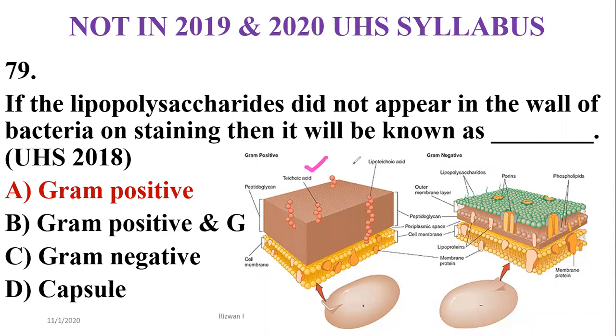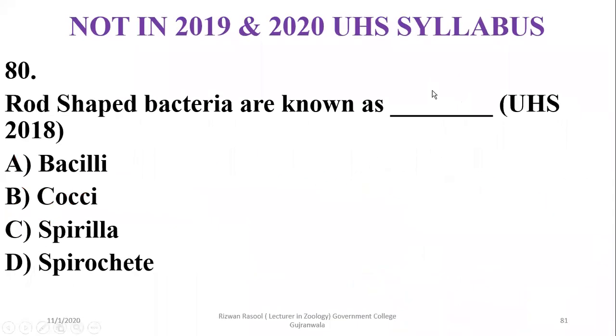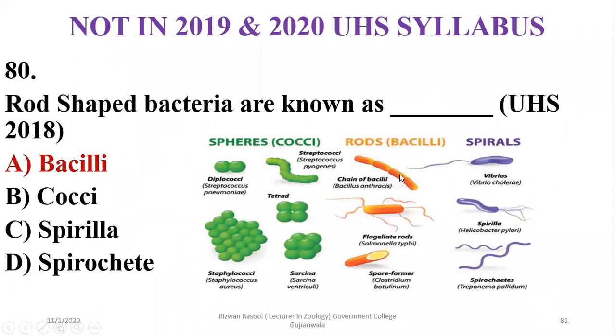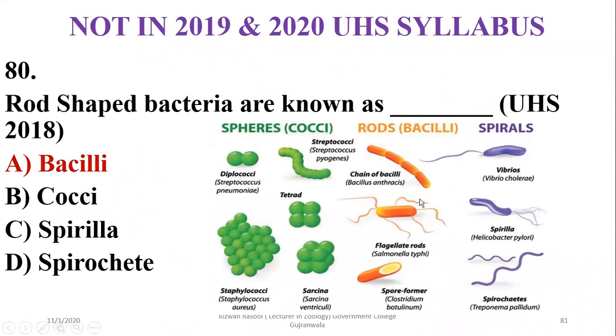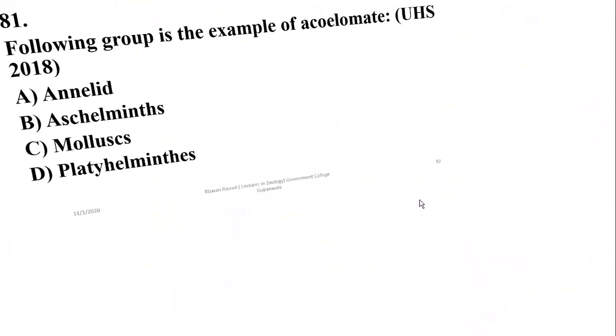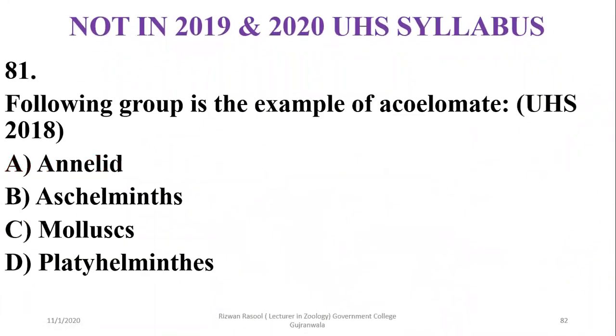Instead, they have teichoic acid or lipoteichoic acid, which is specifically found in the cell wall of gram-positive bacteria. Rod-shaped bacteria are known as bacilli, while rounded bacteria are known as cocci. It is also included in the syllabus now.